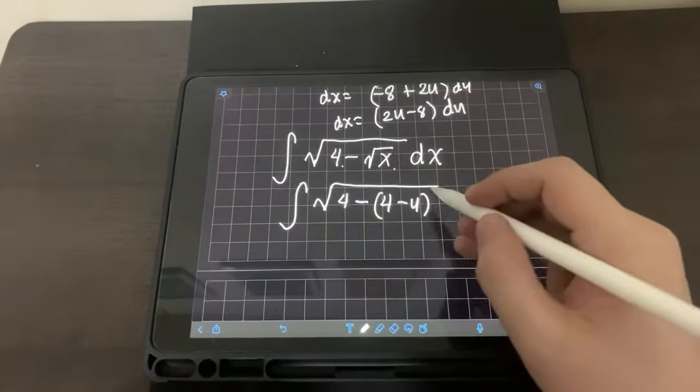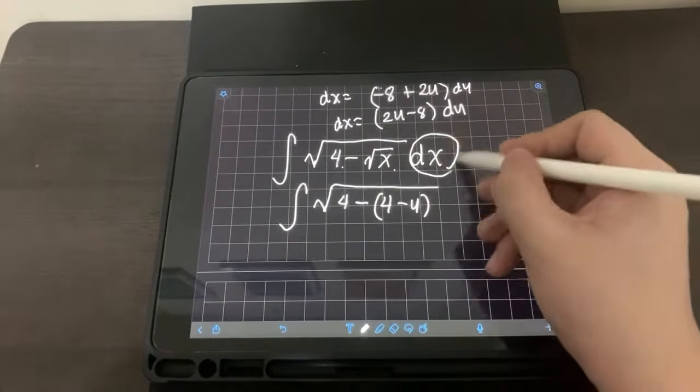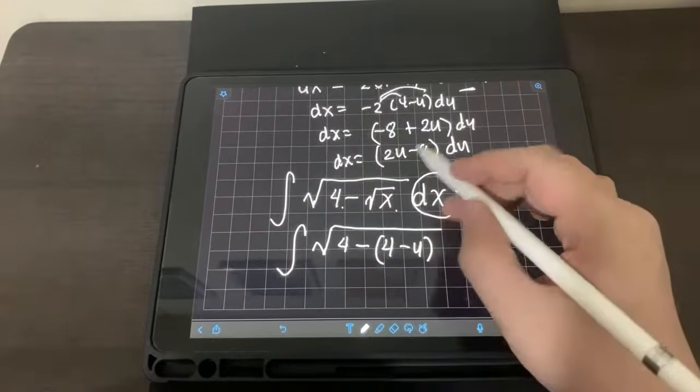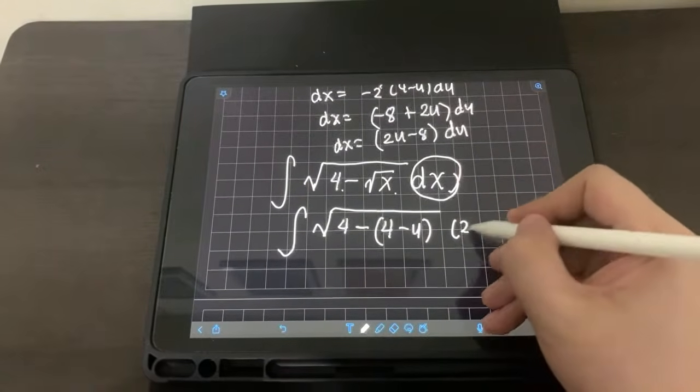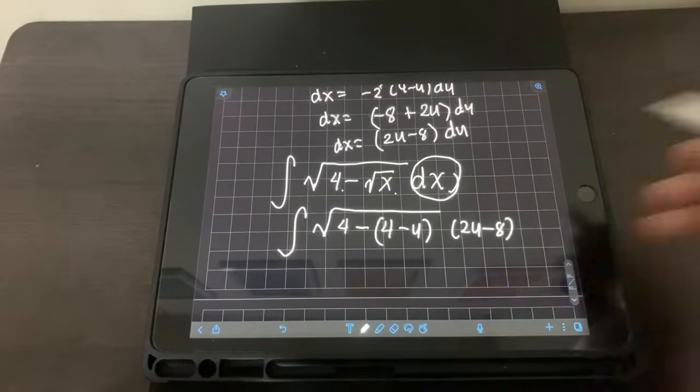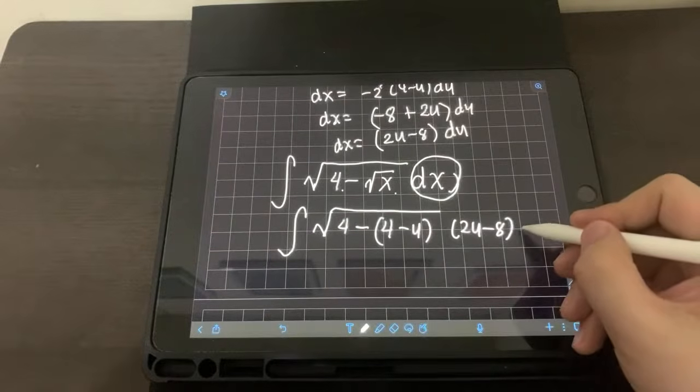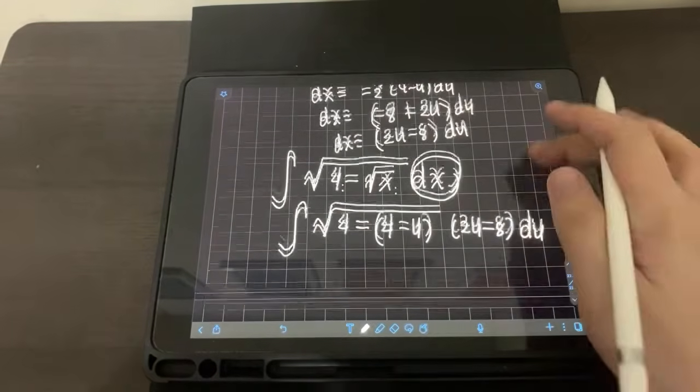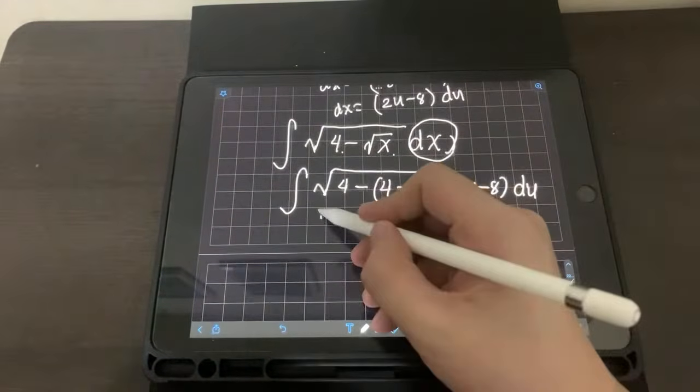Okay, don't forget to put the quantity. And what is dx? Dx is this expression, right? 2u minus 8 times du.